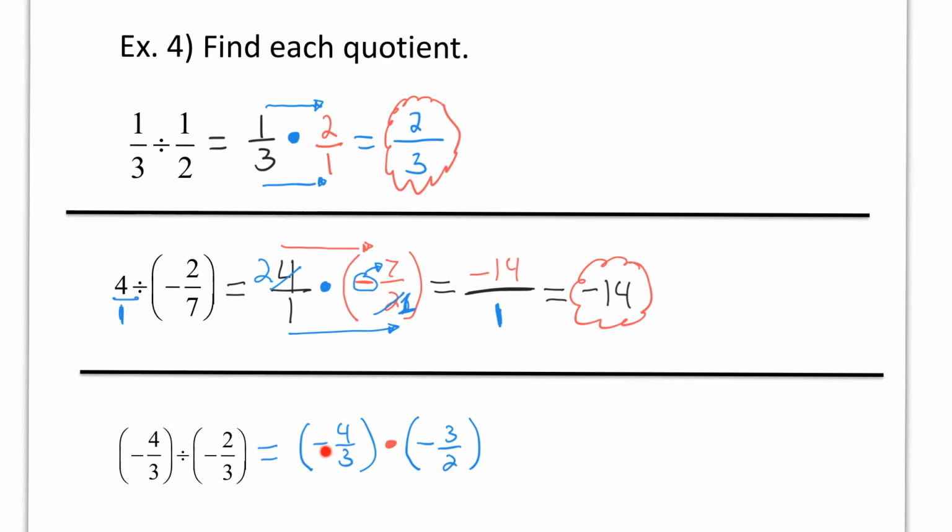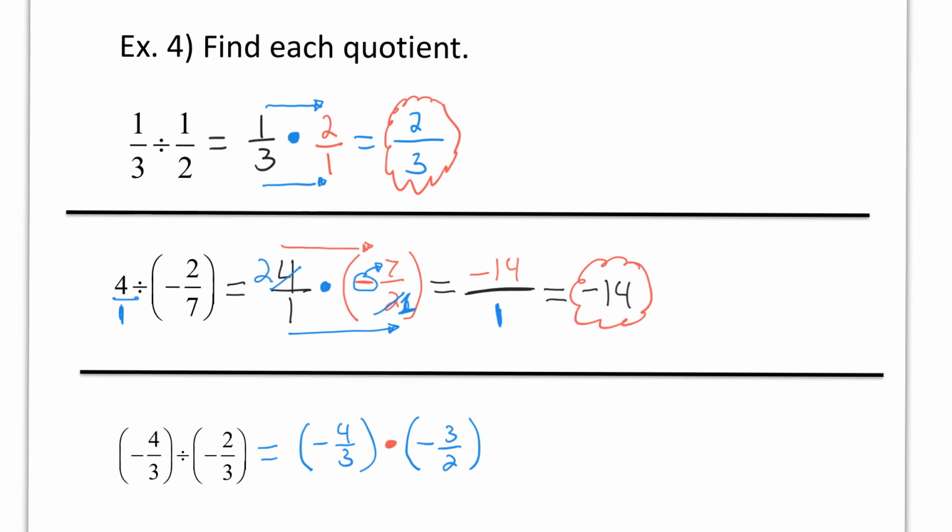Notice that we do have 2 negatives. Now you already know this. I gave you guys a tip in class, and I'll say it right now. If you are multiplying or dividing, and you have an even number of negatives, 2 is even, 4 is even, 6, 8, 10, your answer will be positive.